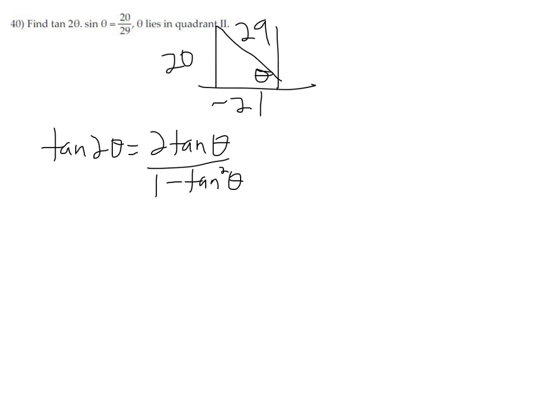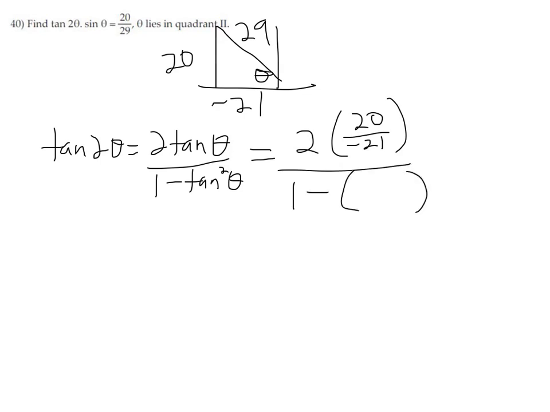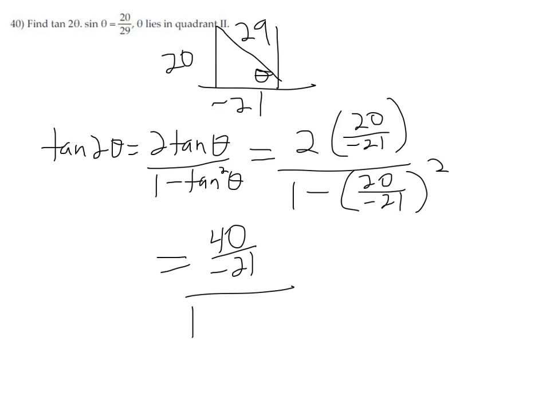I believe there's other versions, but this one's a quick one to do. And what we'll get out of this is tangent is opposite over adjacent. It's 20 over negative 21 divided by 1 minus 20 over negative 21, squared. And now we simplify. 40 over negative 21 divided by 1 minus 400, and 21 squared is 441.